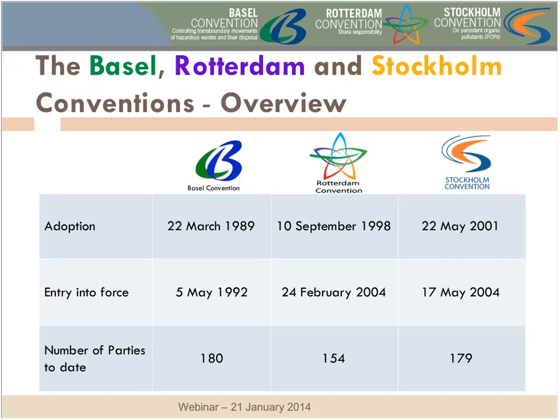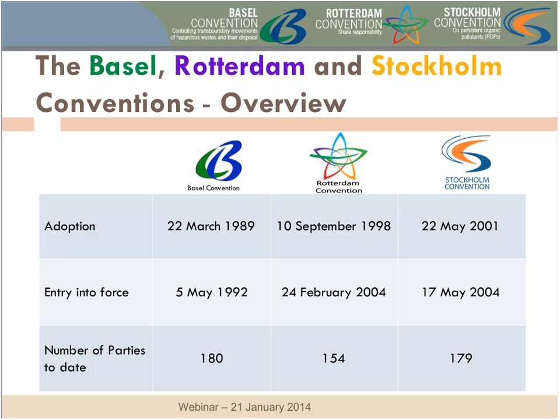So just before we go into the processes and procedures, to give you an overview of where we stand at the moment. As many of you may know, we have the oldest of the three conventions, the Basel Convention, which was adopted in 1989, entered into force in 1992, and there are currently 180 parties to that convention.